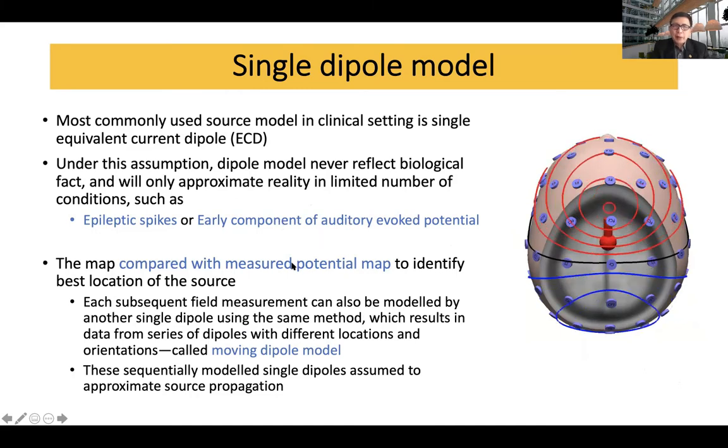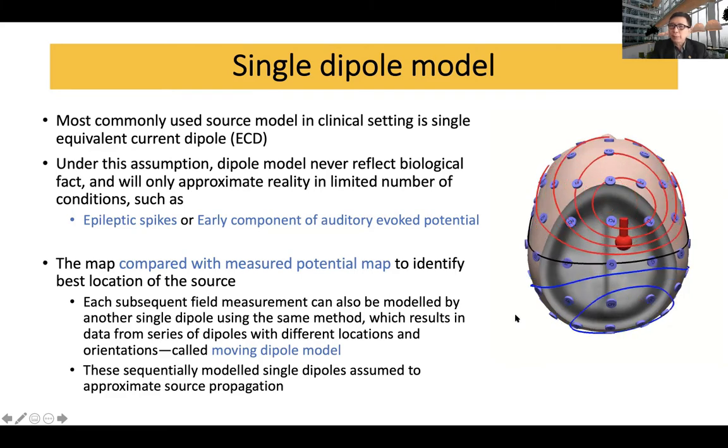The map is compared with the measured potential map to identify the best location of the source, as displayed on the video on the right-hand side. Each subsequent field measurement can also be modeled by another single dipole using the same method, which results in a series of dipoles with different locations and orientations, called the moving dipole model. This sequential single dipole model approximates the source of the propagation.